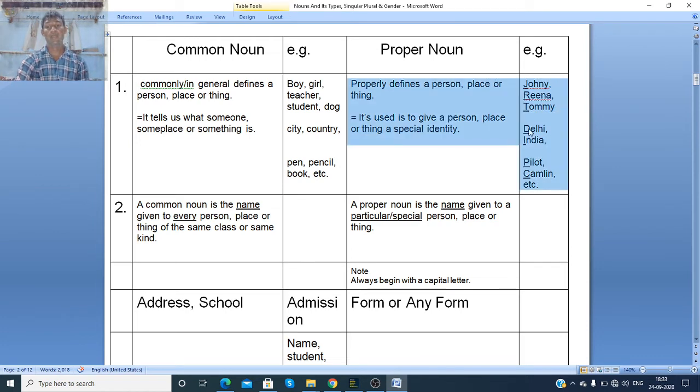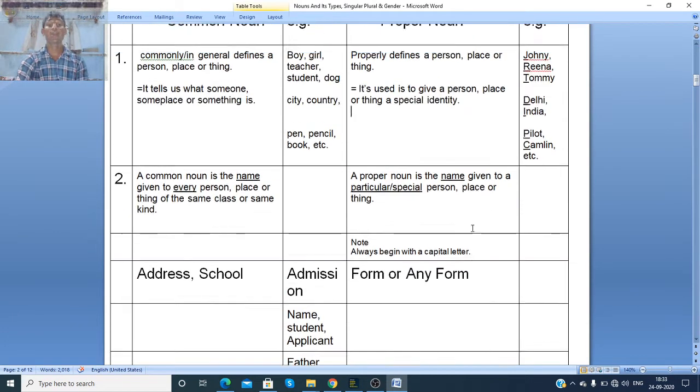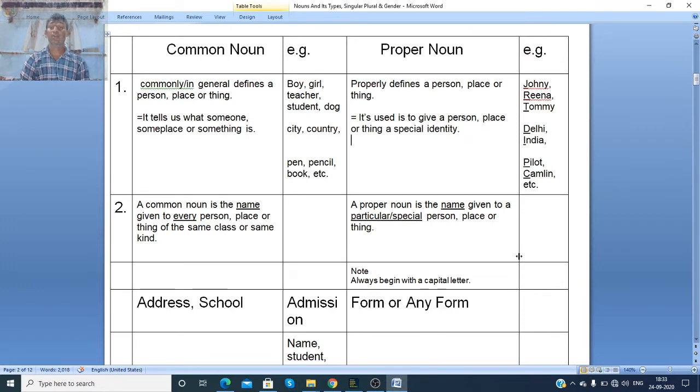To clarify the difference between common noun and proper noun, we will see one more example that I think will clear it up, and you can remember this example.